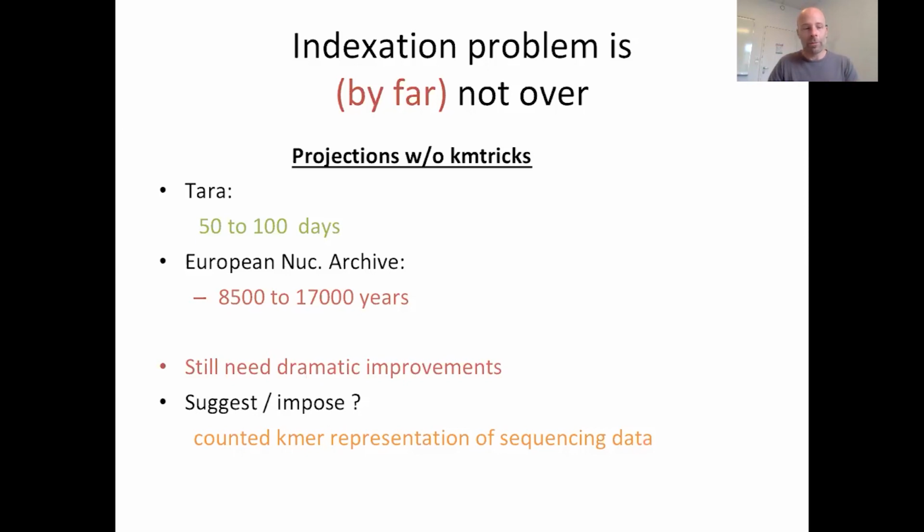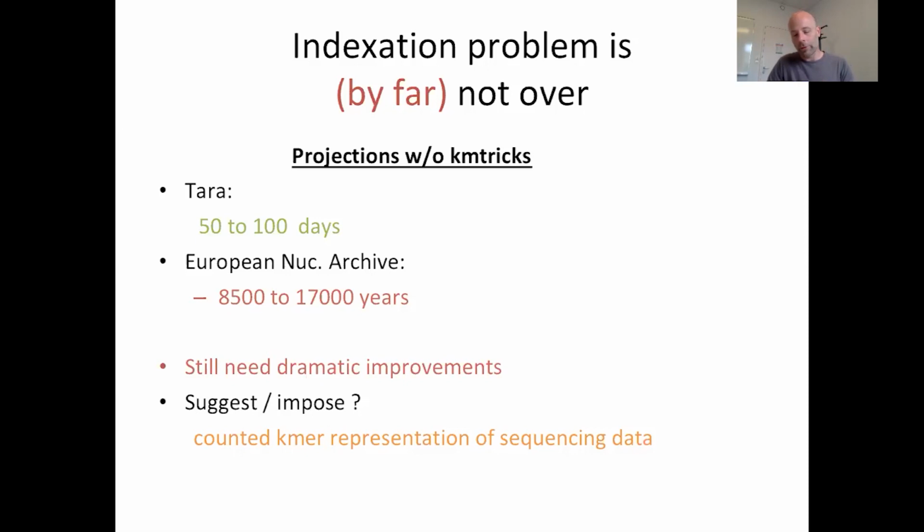And as we saw in the previous results, this is the most time-consuming task of the indexation. So maybe we could impose to people, when they store the data on public datasets, maybe we could ask them also to store their counted kmers. If everybody does this, we would have directly those counted kmers available, and we could make the queries on those counted kmers.